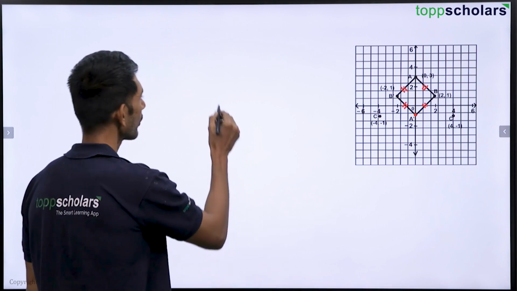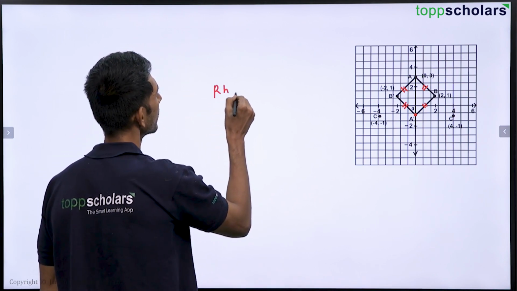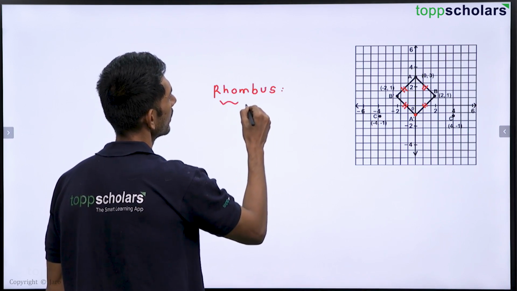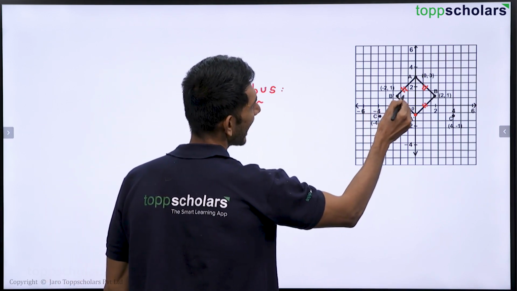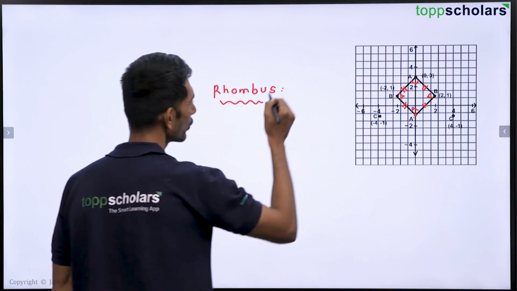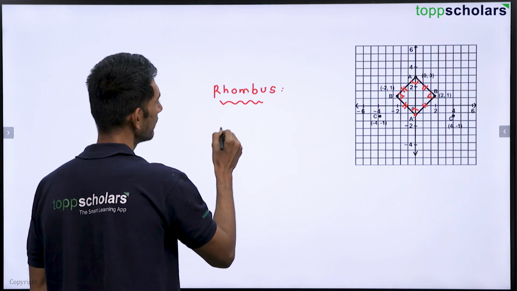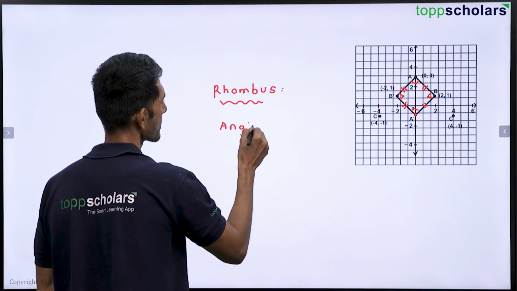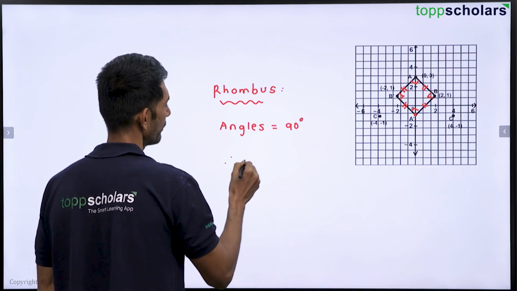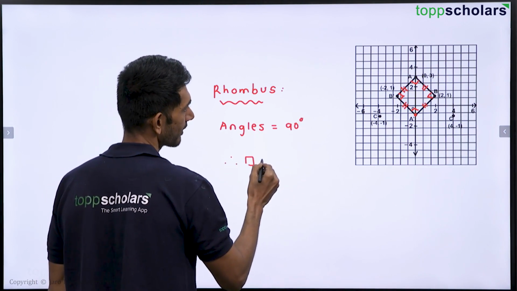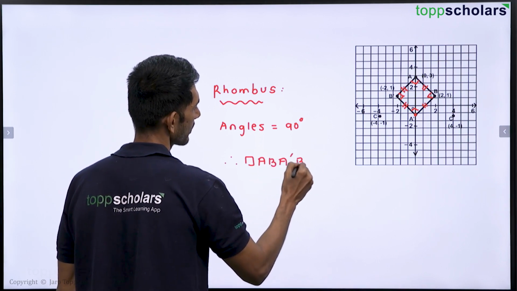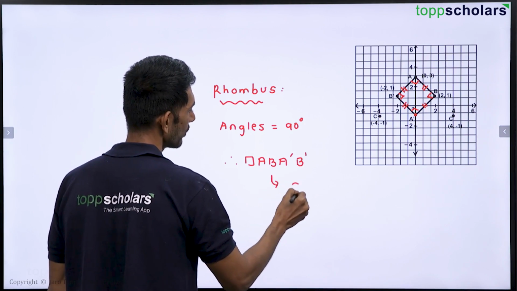So definitely this is a rhombus, right? But also if you see all the angles over here, they are 90 degrees. You can find out the slope and check. The product of the slope is going to be minus 1. So angles are 90 degrees each. Therefore, quadrilateral A, B, A dash, B dash is actually a square.